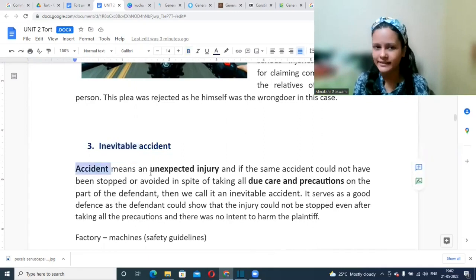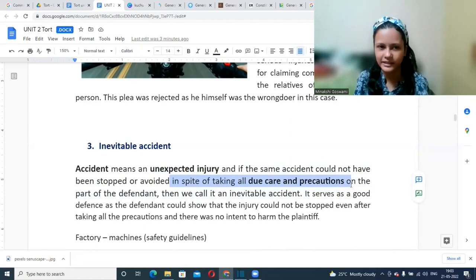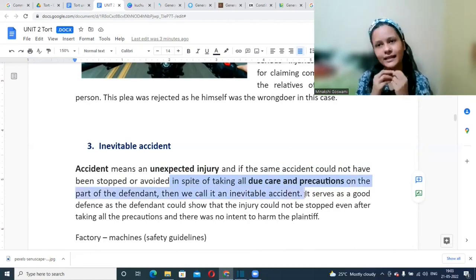So when we say accident, it means unexpected injury, as in we were not expecting that it would happen, but it just happened accidentally. Accident means unexpected injury, and if the same accident could not have been stopped or avoided, even though you have taken due care and precaution, whatever best you could do, you did it, even after that it happened.